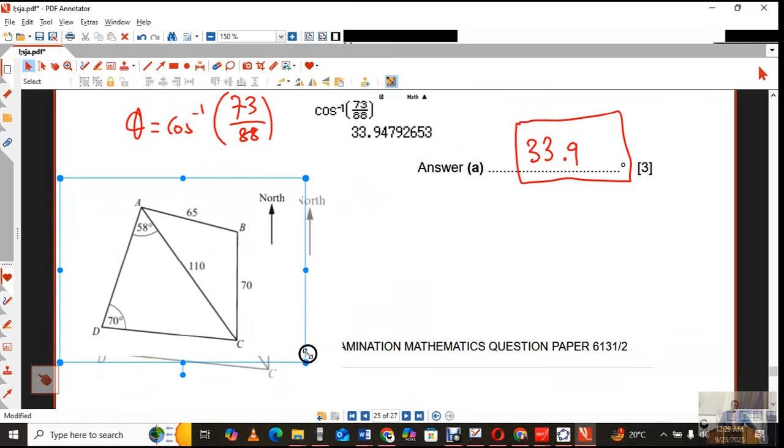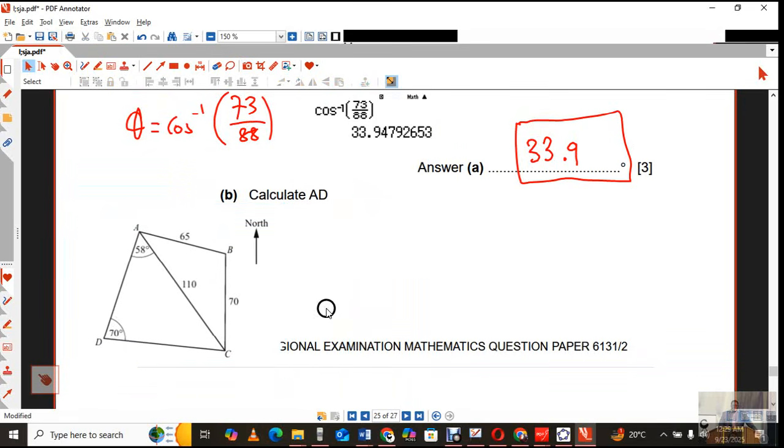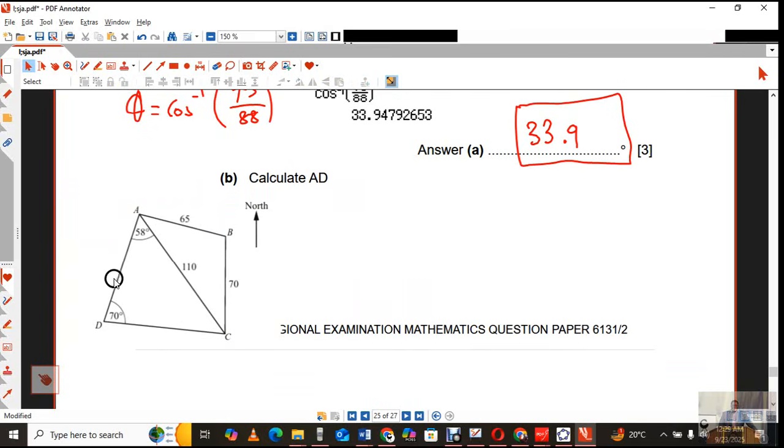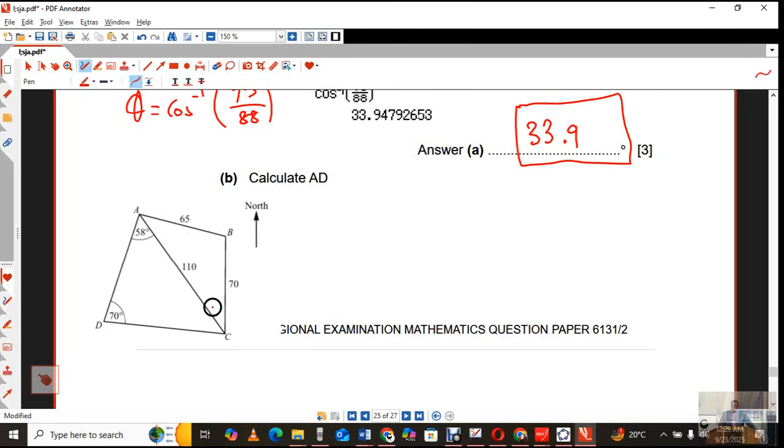So AD. We are supposed to find AD. So let me see, what do I have? From my previous answer, I know that this angle here is 33.9 degrees. Okay. What else do I know? In order for me to calculate AD, if you look at this triangle, don't have to care about that one, right?